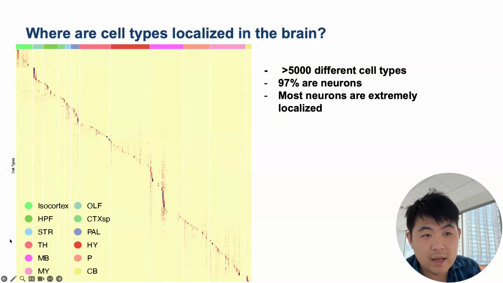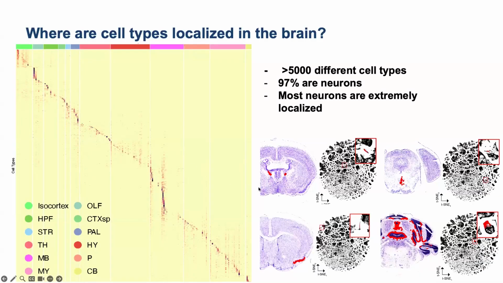And here are the anatomical regions of the brain split by types of cells as localized by spatial transcriptomics. You can see this strong diagonal effect, and that just means that most neurons are incredibly localized. They're very focal, mostly only localized to one or two of these brain regions. And you can see that here, with any given UMAP cluster, for example, a couple of examples mapped to a very specific region of the brain.